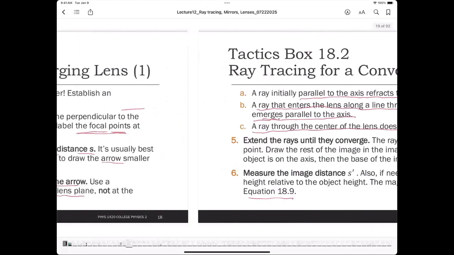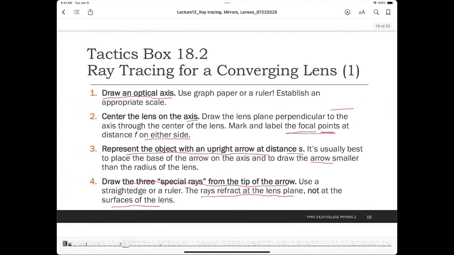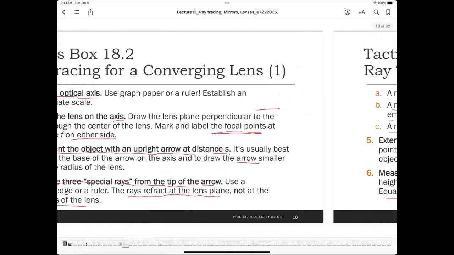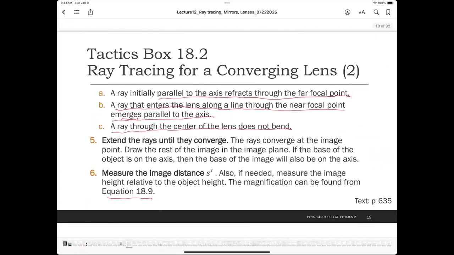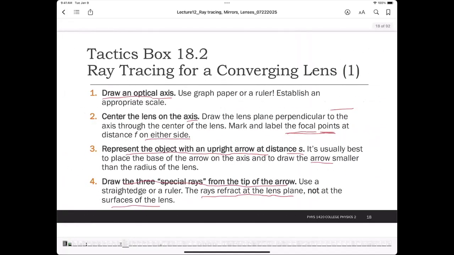First you draw an optical axis, then center the lens on the axis and represent the object with an upright arrow at distance s, and draw the 3 special rays from the tip of the arrow, and then extend the rays until they converge and measure the image distance as well. Actually, the difference between the convergent and the divergent lens is just those 3 special rays.